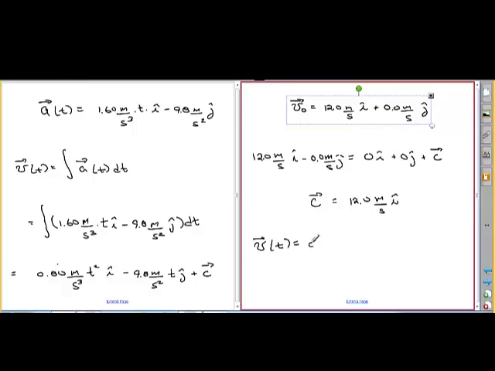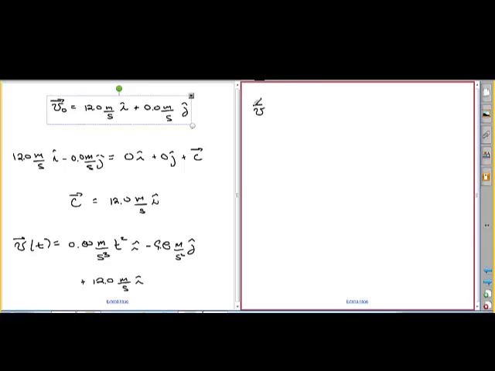So my velocity vector with the arbitrary constant now specified is 0.80 meters per second cubed t squared I hat minus 9.8 meters per second squared times J hat plus 12.0 meters per second I hat.